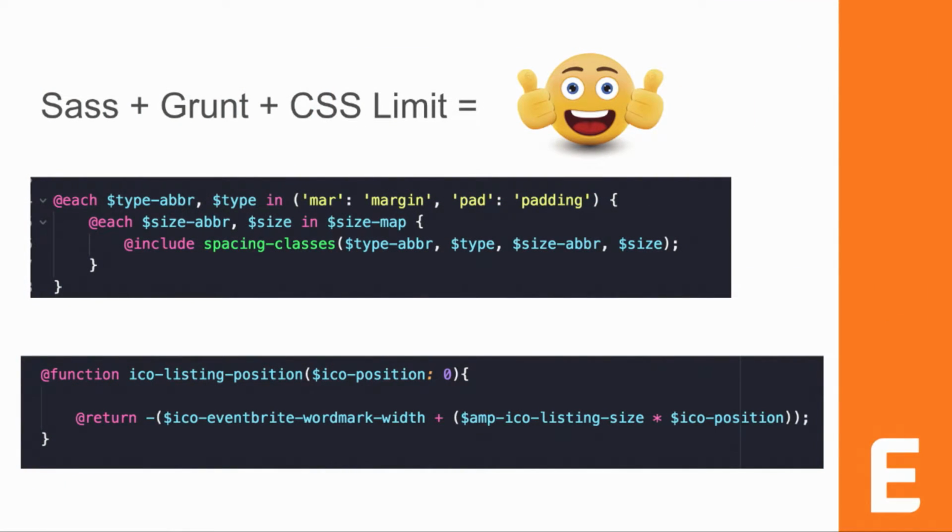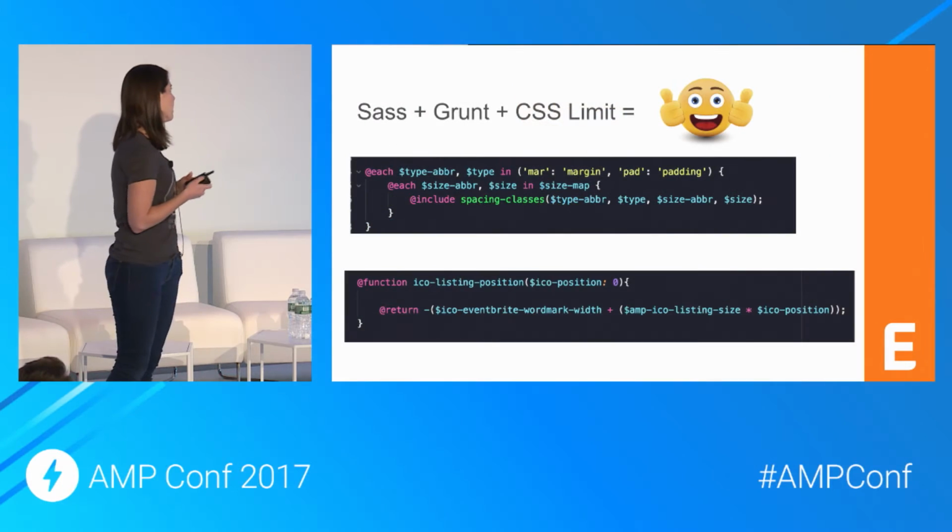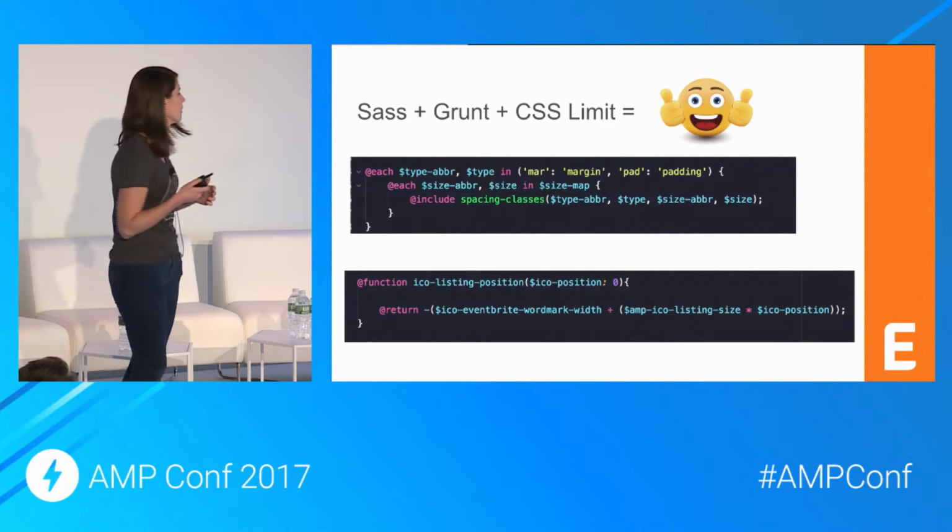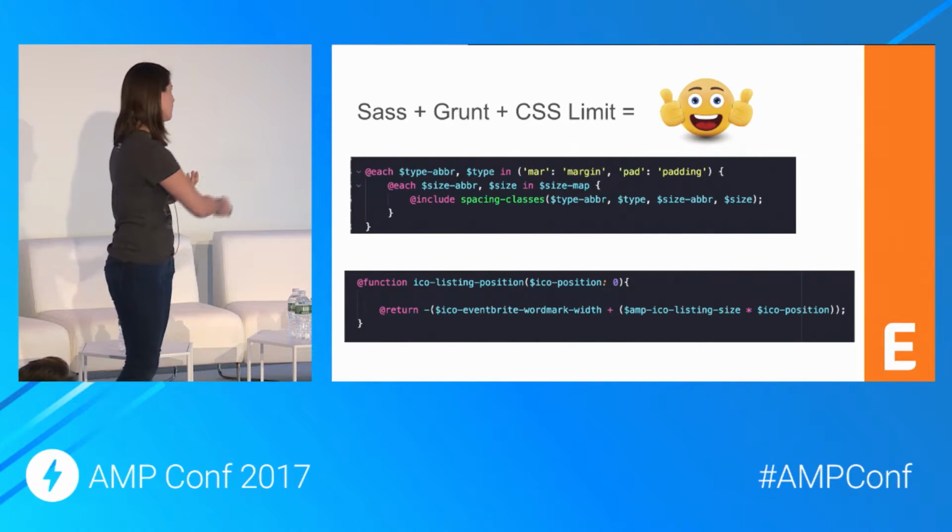We have a grid unit that increments by 5 pixels, and I just had to write 5 lines of code there instead of 20. Even though I'm not using a lot of those here, I will be in other AMP pages. Even doing things like that, we still didn't go over the CSS limit, nowhere close to it. So Sass is great if you're using complex logic within your CSS.